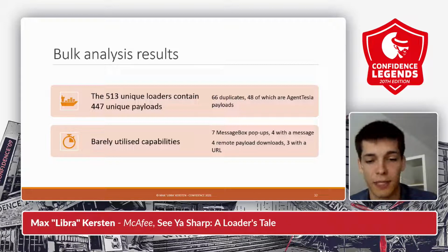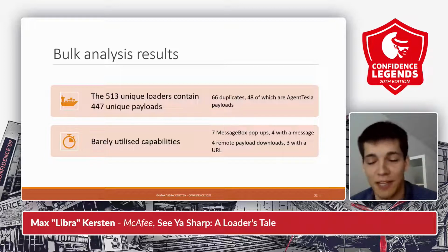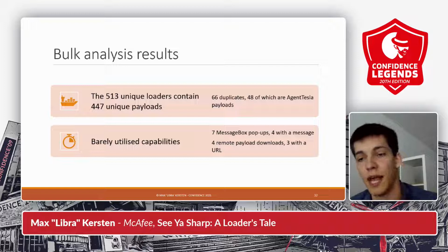Another thing that struck me was that there were several barely utilized capabilities. The message box option was only used 7 times, but 4 times there was a message. So 3 of those just displayed an empty pop-up box. This can still be explained by the fact that the message box was only added in a later version, so not the first version.